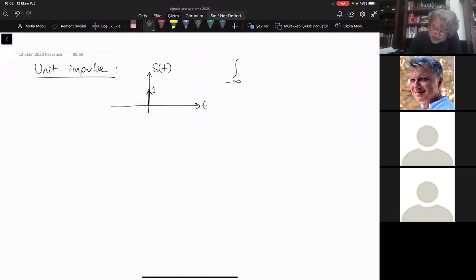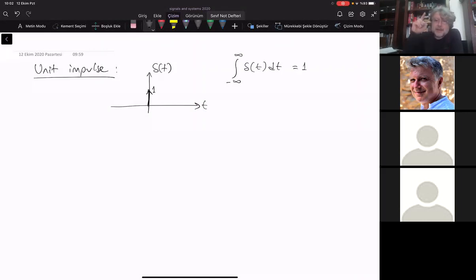From minus infinity to infinity, delta of t, dt, which is the integration of the delta signal from minus infinity to infinity, is equal to 1. So the area under the signal is 1.